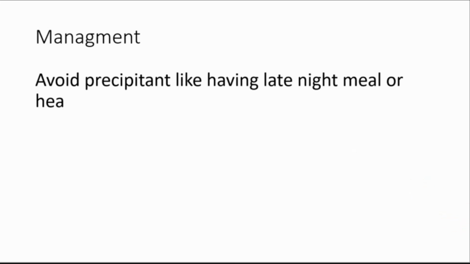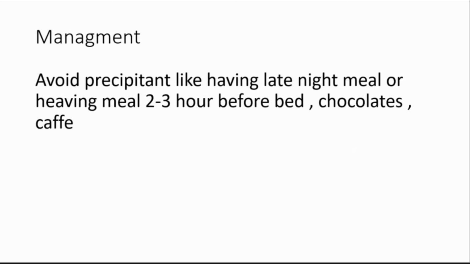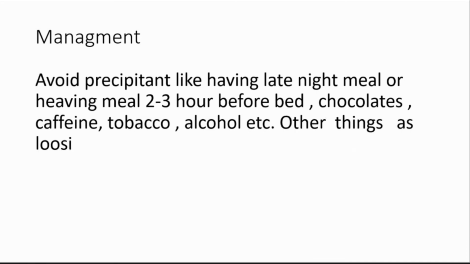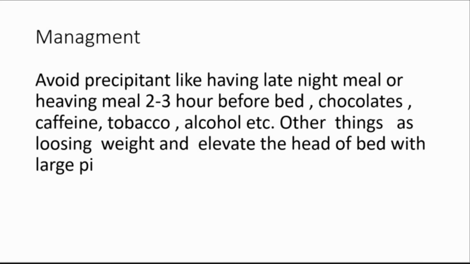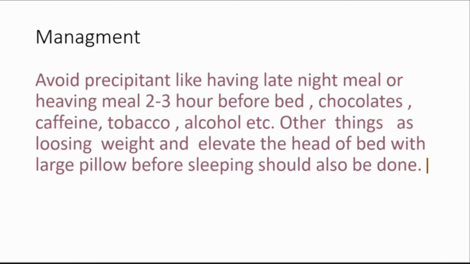We have to avoid precipitants like late night meals or having a meal 2 to 3 hours before bed, chocolates, caffeine, tobacco, alcohol. Other things like losing weight and elevating the head of the bed with a large pillow before sleeping should also be done.